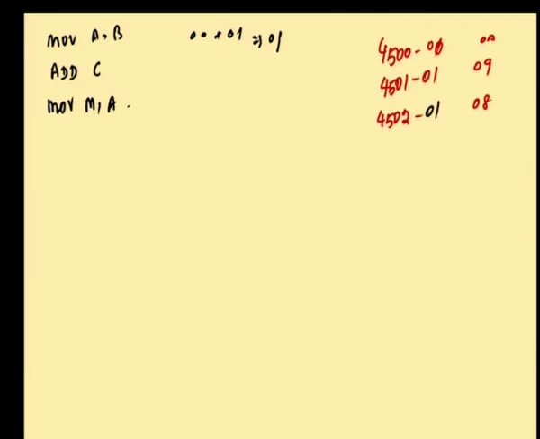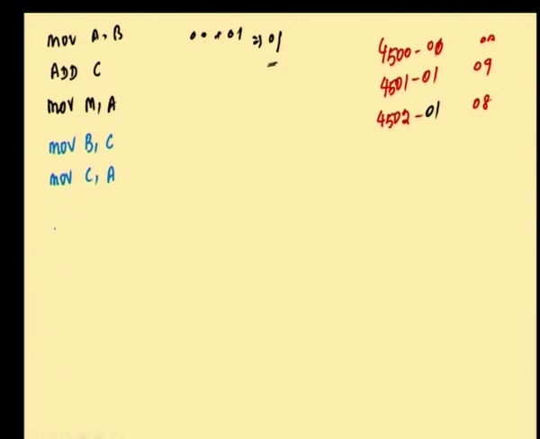Now, I want to add this current value with the previous one. For that I am using swapping, that is move B comma C. The previous value C is loaded into B, then move C comma A, the result value is moved to the accumulator.